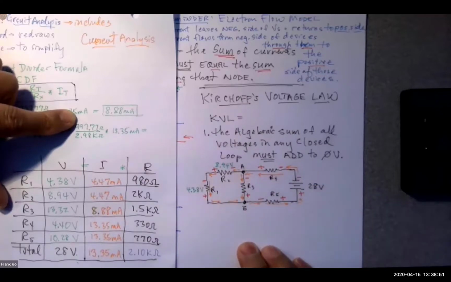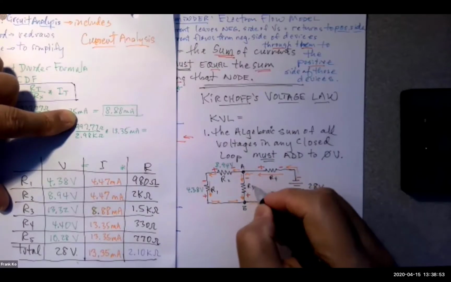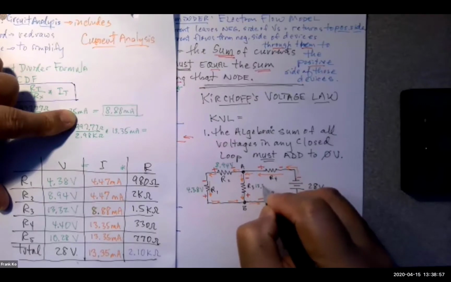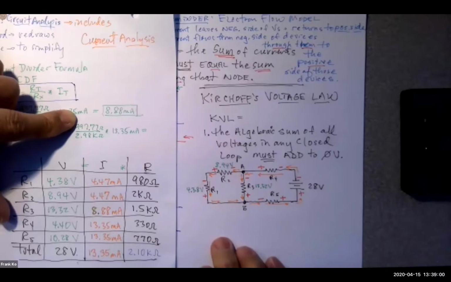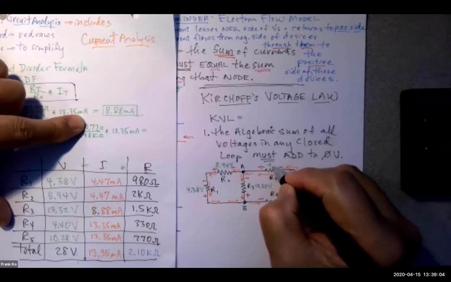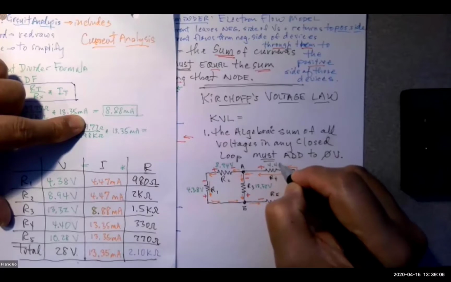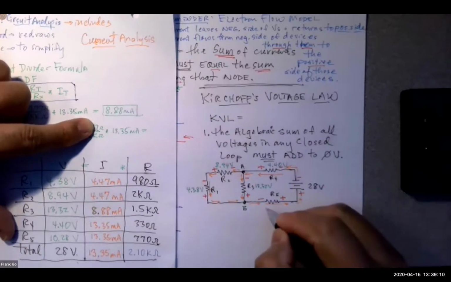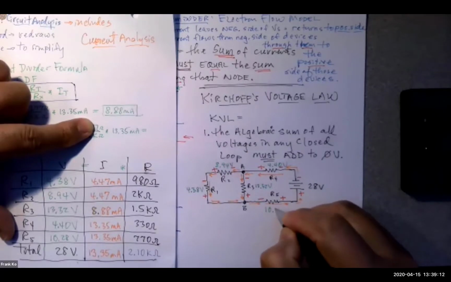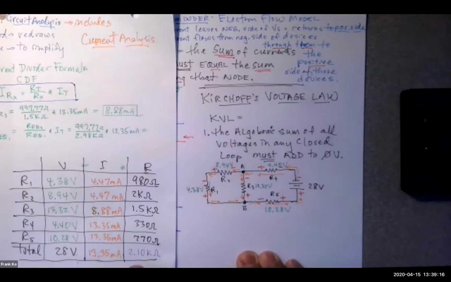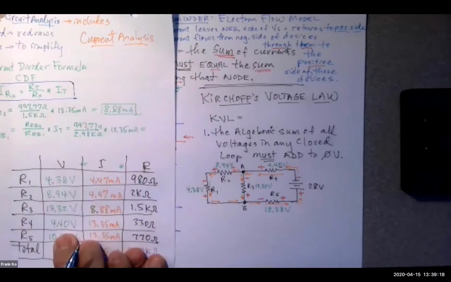The voltage across R3 was 13.32 volts. The voltage across R4 was calculated to be 4.40 volts. And the voltage across R5 was 10.28 volts.